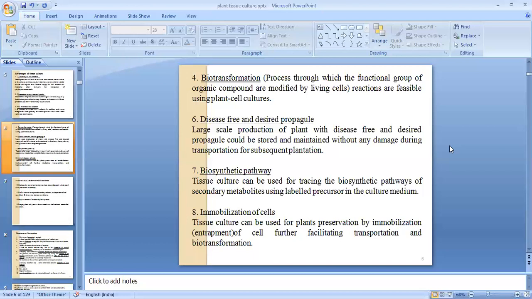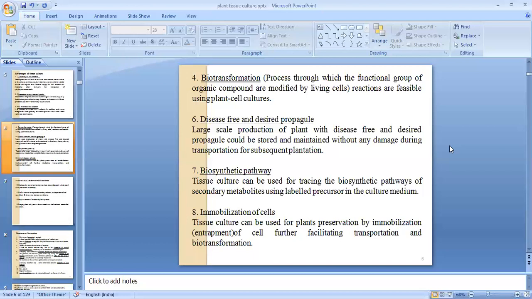Understand? And the next advantage is your immobilization of cells. What do you mean by immobilization? Mobile means moving. Immobile means you are not allowing the cell to move. How will you not allow the cell to move? You will make your cell get entangled in a matrix, or you are anchoring the cell, thereby reducing the movement of the cell here and there in a nutrient medium.